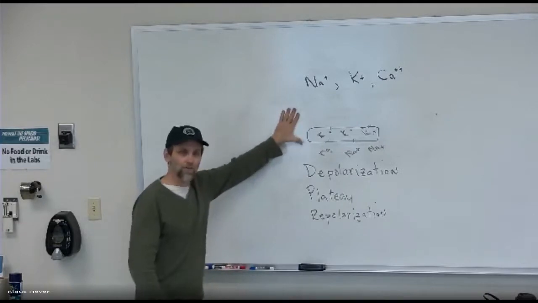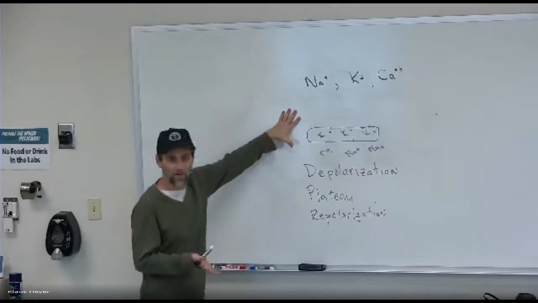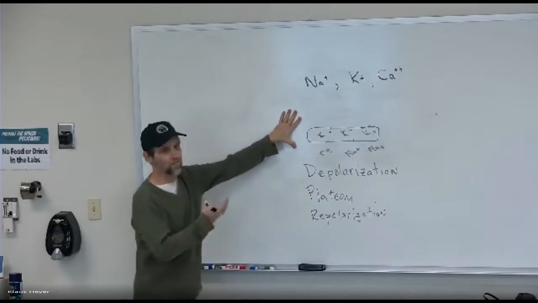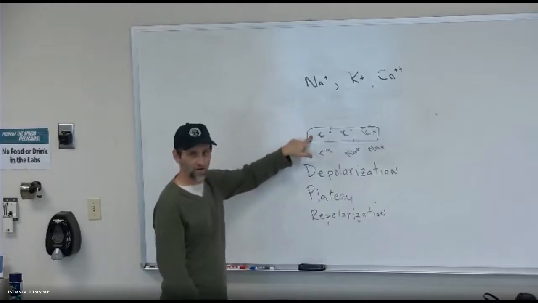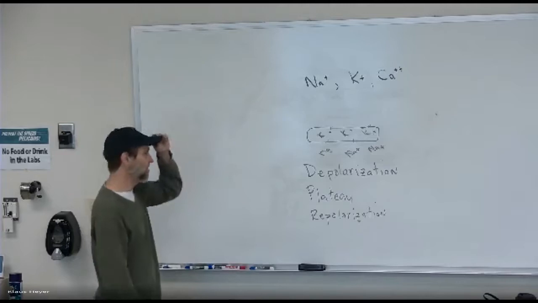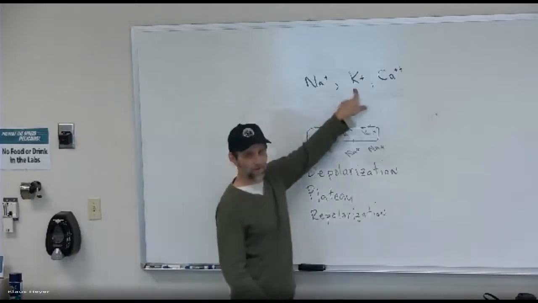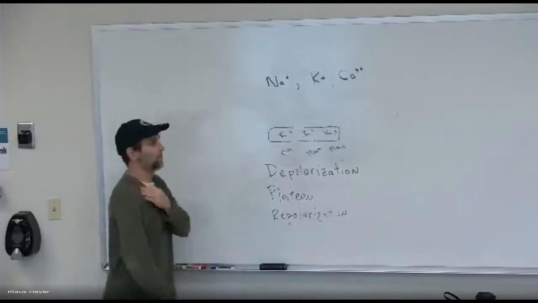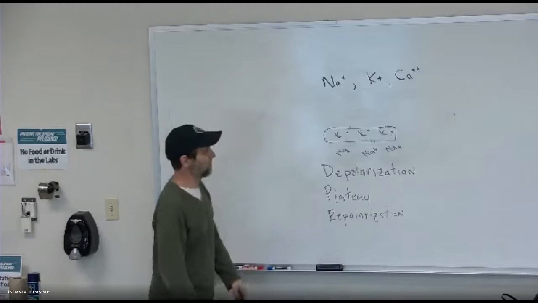This is your heart's muscle cells, your cardiac fibers, your myocardium. We're talking about the cells of the heart. That's way more important than whatever's going on in your bone. We need calcium to make your heart beat. We need potassium and sodium to make your heart beat. So that's why it's important to not be deficient in these electrolytes.